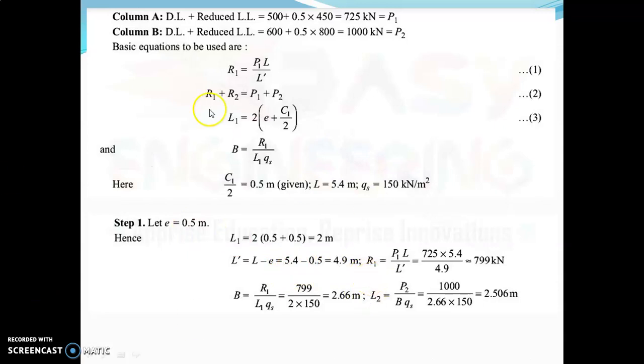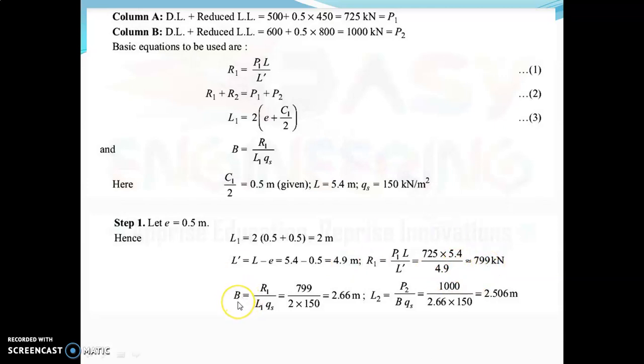Now calculate R1. R1 is equal to P1L divided by L dash. P1 is 725 into L, L is 5.4, divided by L dash, which is 4.9. So you get R1 is equal to 799 kilonewton.